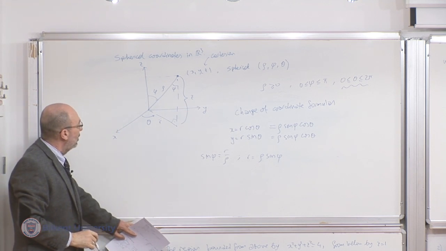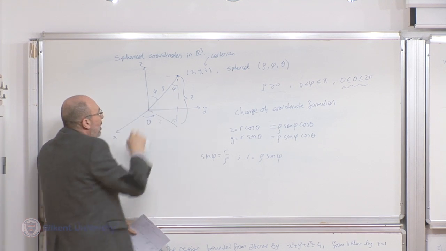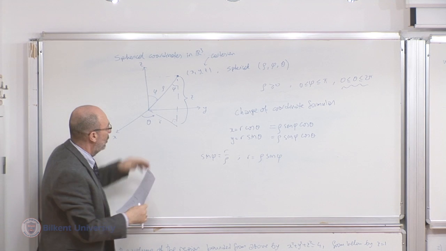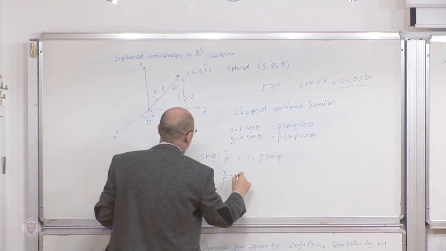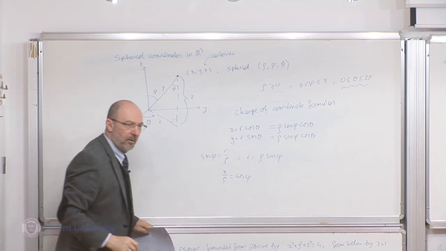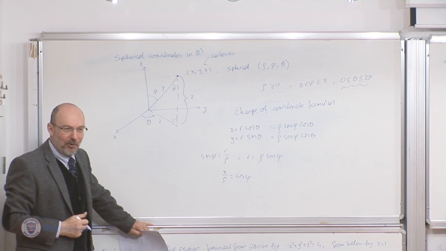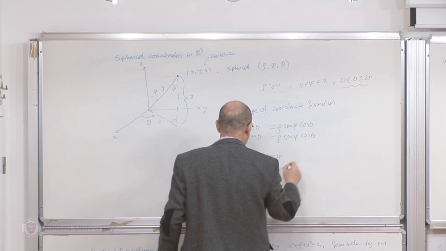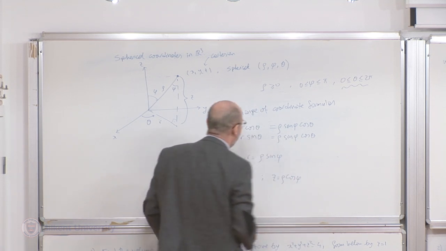And what is the relation between z, phi, and rho? Again, this is the hypotenuse. Z over rho is equal to cosine phi, right? You agree? Okay, he's responsible for this. Therefore z is equal to rho cosine phi.